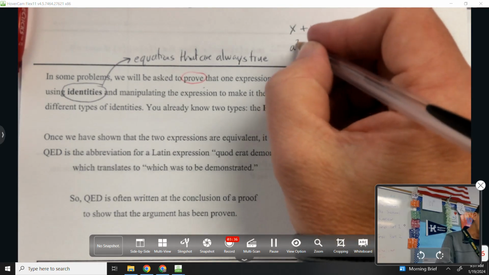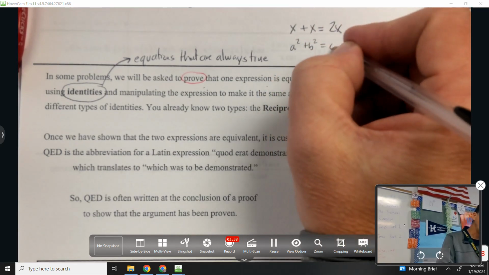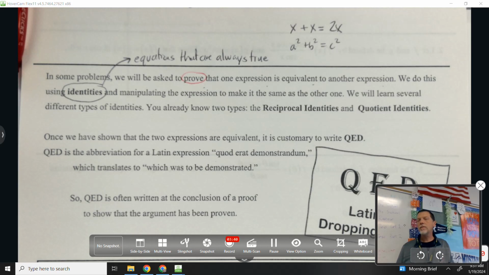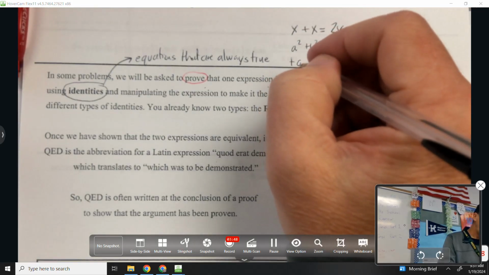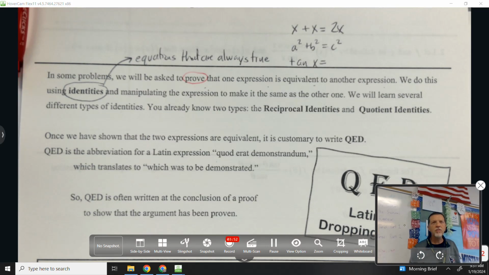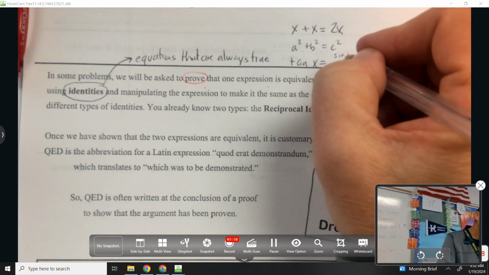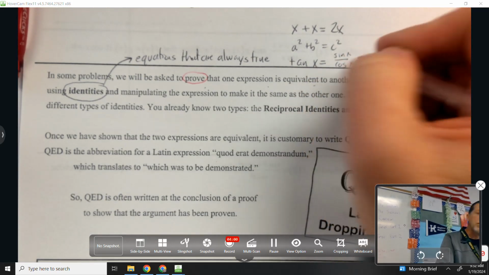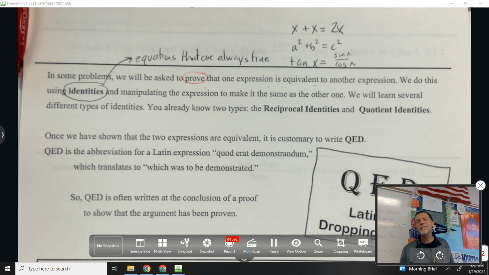A little bit more advanced would be a squared plus b squared equals c squared. That's always true, assuming a, b, and c are the sides of a right triangle. The ones we're more familiar with is something like the tangent of x. What's the tangent of x equal to? Sine over cosine. That is an identity because that's always true. Doesn't matter what x is.